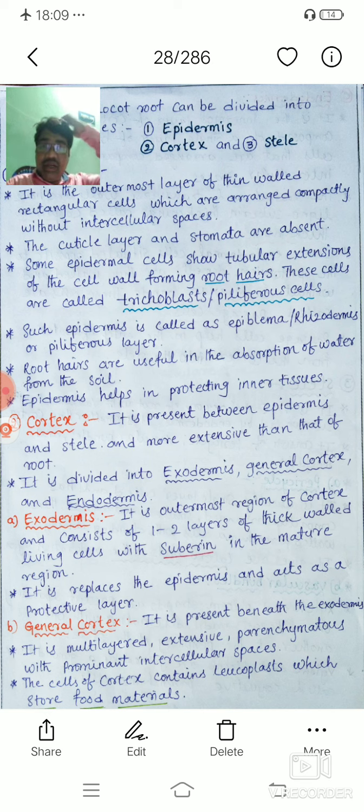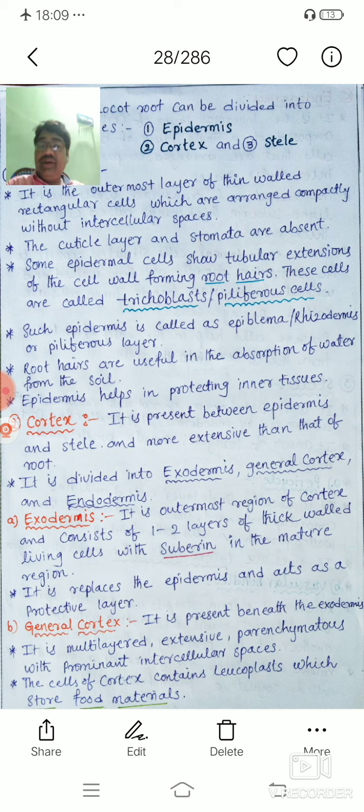Next, such epidermis is called epiblemma or rhizodermis. The epiblemma means the cells which are forming the root hairs. Such epidermal cells are called epiblemma or rhizodermis or piliferous layer.